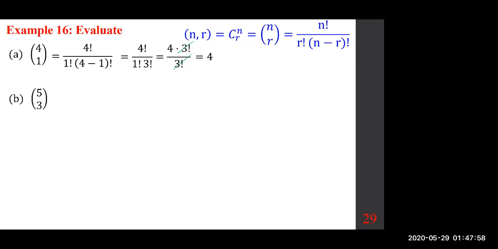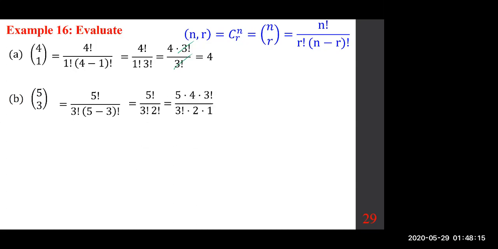All right. So n is 5, r is 3, 5 factorial over 3 factorial times 5 minus 3 factorial.